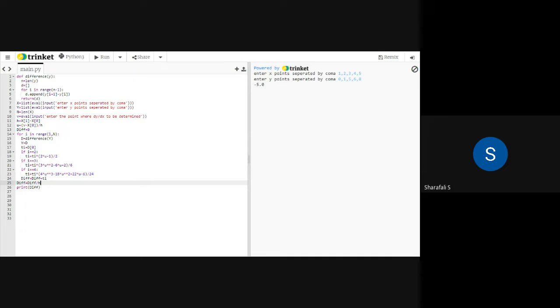Similarly, it will continue this loop for the I equal to 3 case. It will not go to this step. It will go to this step, and that particular delta cube y0 will be multiplied with this term 3u square minus 6u plus 2 by 6. So you can rearrange the program like this for the general case, and this is only up to delta raised to 4 y0.